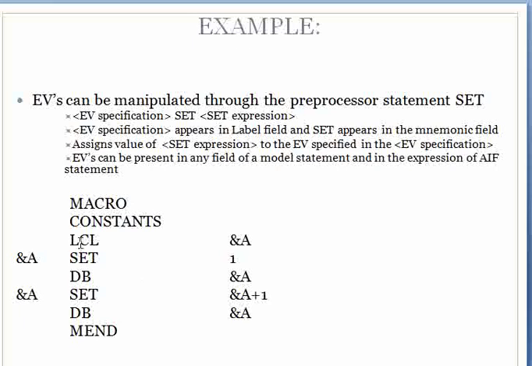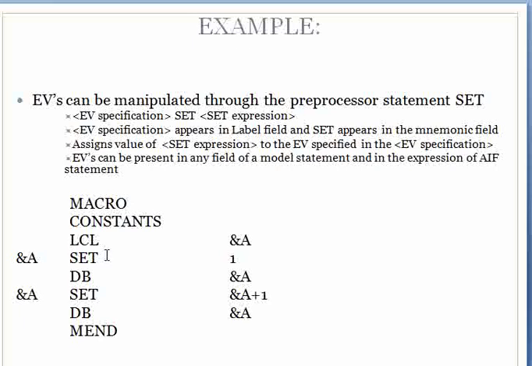Here, LCL &A declares one expansion time variable whose name is A, and it is local to the macro in which it is defined. If there was another macro, it would not know the existence of this expansion time variable A. It is only known to this macro whose name is constant. Now, how do I associate values with A?